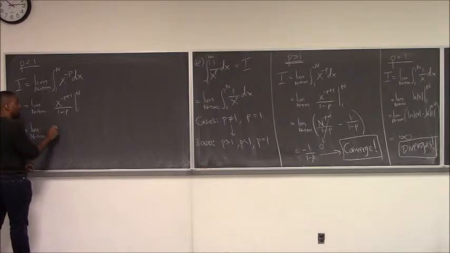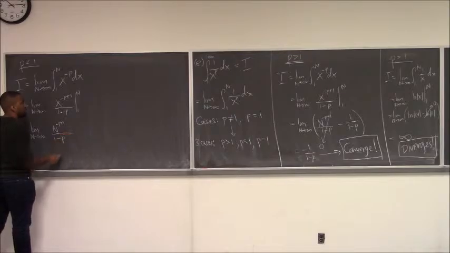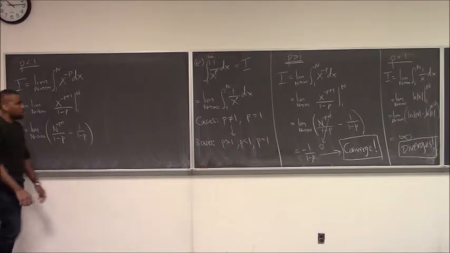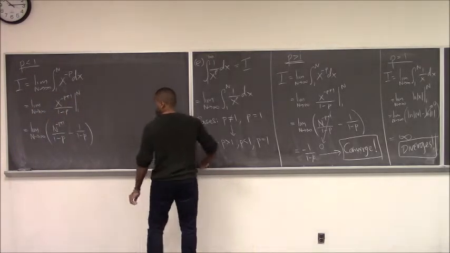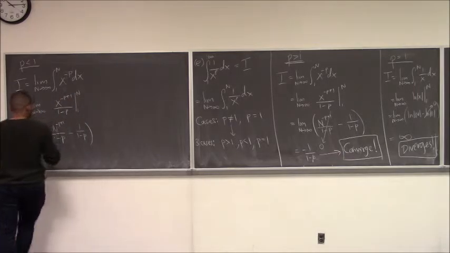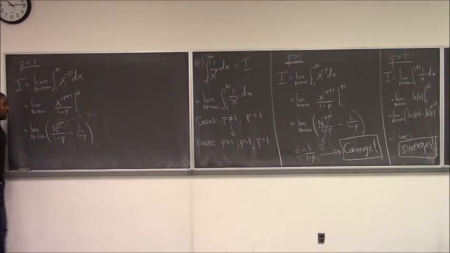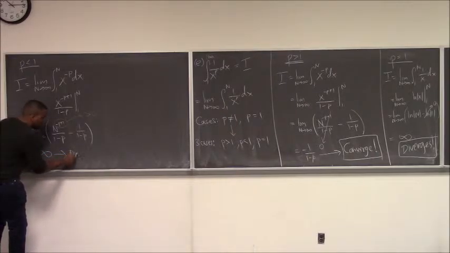So this becomes n to the minus p plus 1 over 1 minus p, minus 1 over 1 minus p. Now, because my p is less than 1, that makes this exponent a positive number. So my n is going to infinity, and I'm raising that to a positive number. That's going to go off to infinity. So it diverges here.